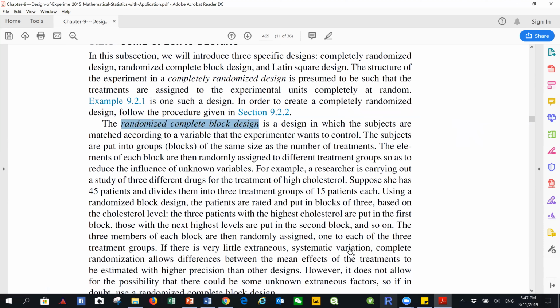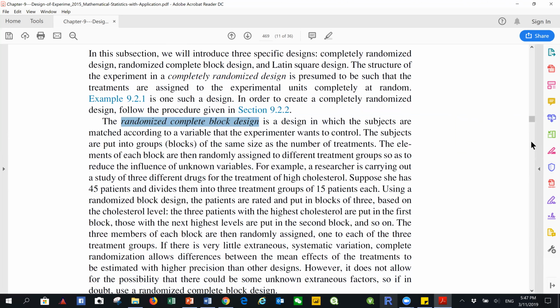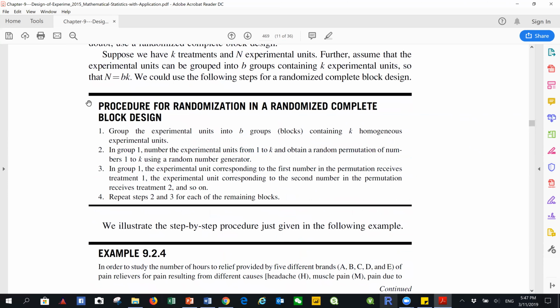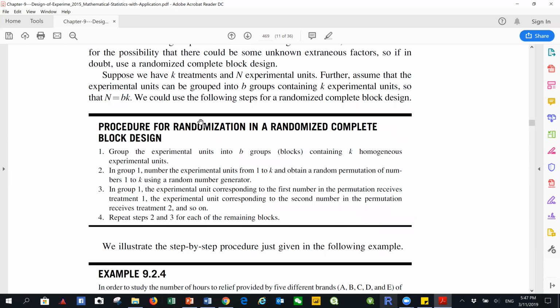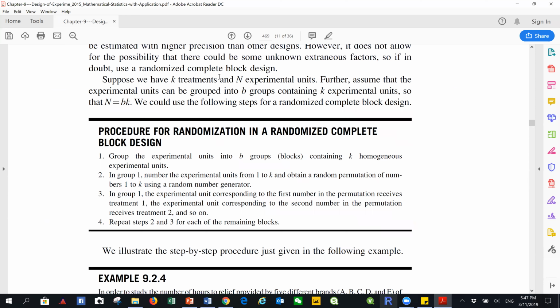Okay, let's take a look at this procedure. Suppose we have K treatments and N experimental units, and we further assume that the experimental units can be grouped into B groups containing K experimental units each, so that B times K equals N. We have B groups, each group having K experimental units.